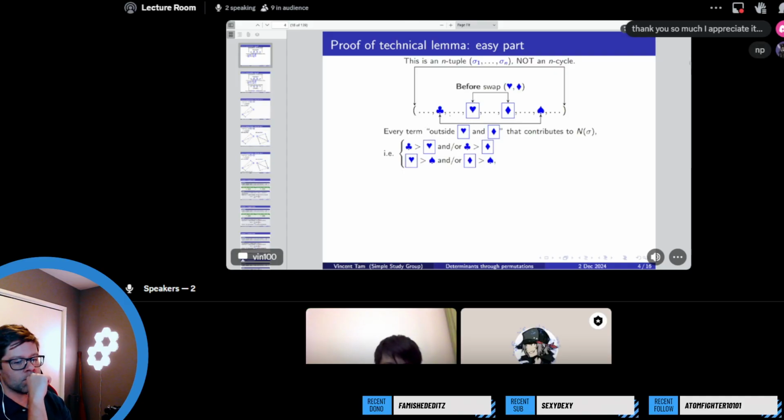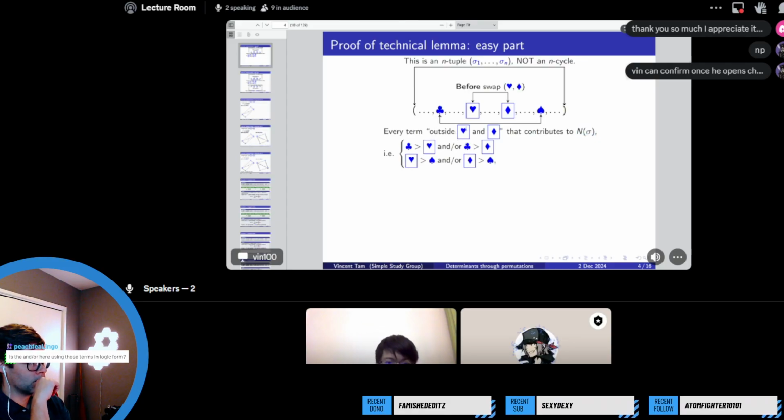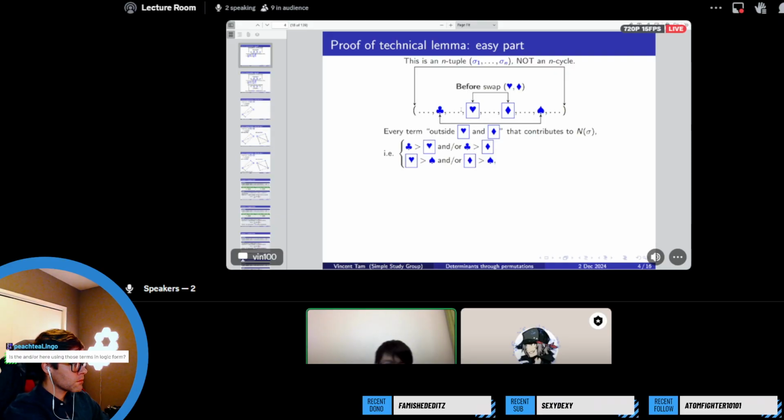So to count the change in the number of inversions, we will use the general problem solving strategy called divide and conquer.